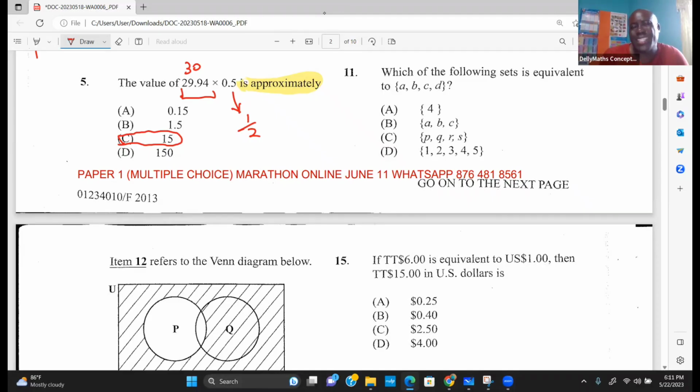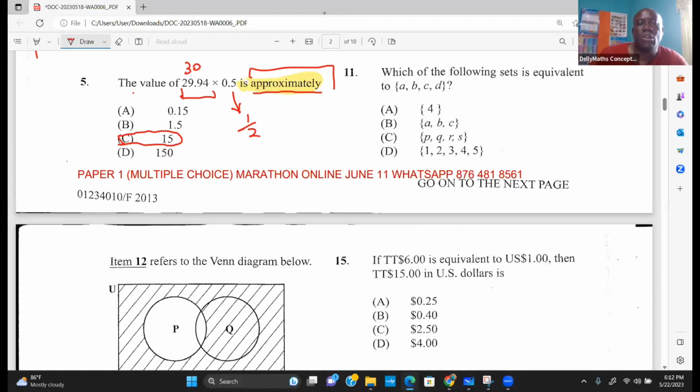It's all about what the question said. The question says the value of 29.94 times a half is approximately what? We're not saying the reality is 15, but this is the word they use: approximately.